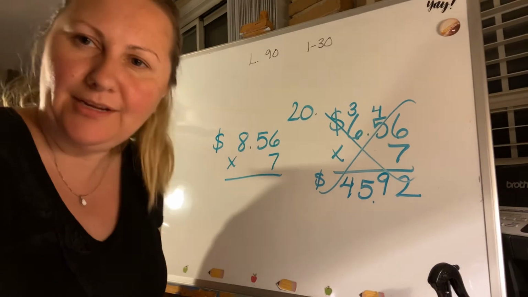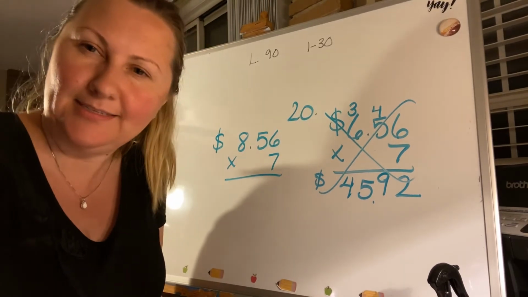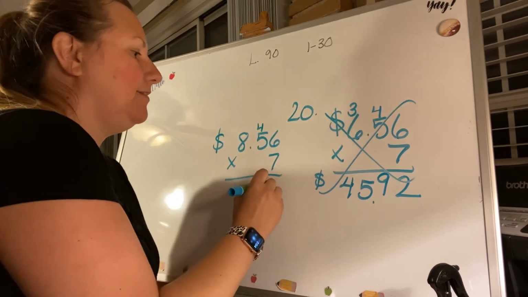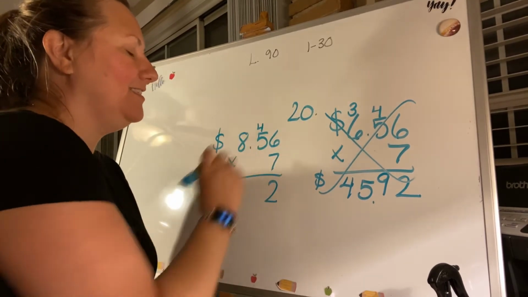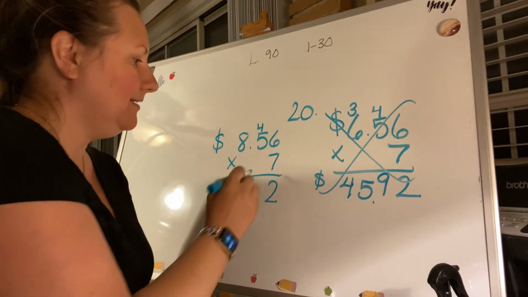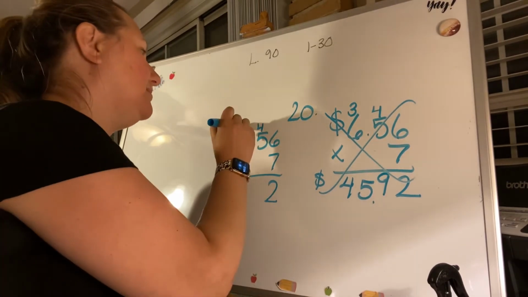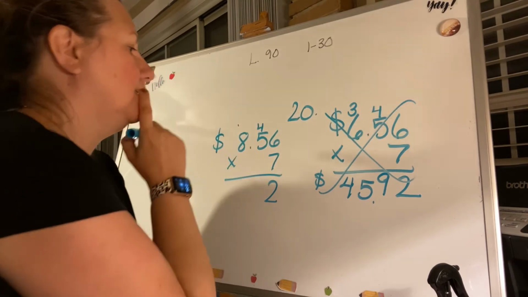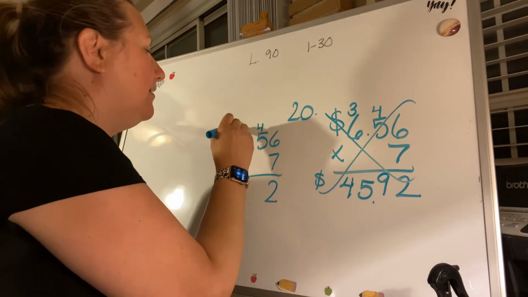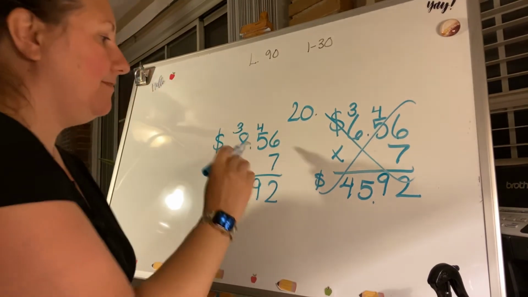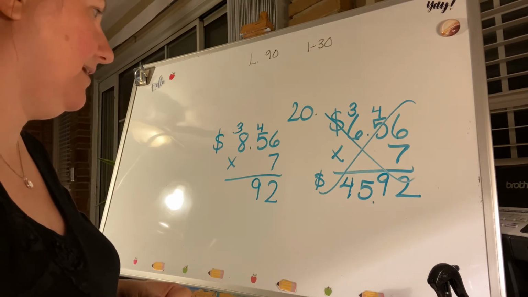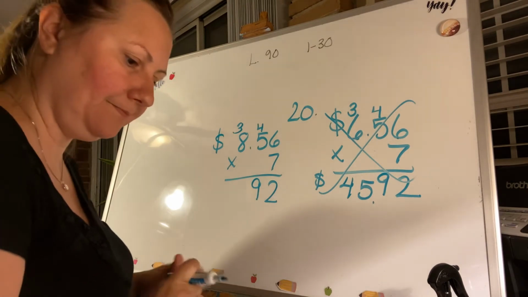You see how important it is to look at your numbers again instead of just assuming that you had it right? 6 times 7 is still 42. 7 times 5 is 35 plus 4 is 39. 7 times 8 is 56.